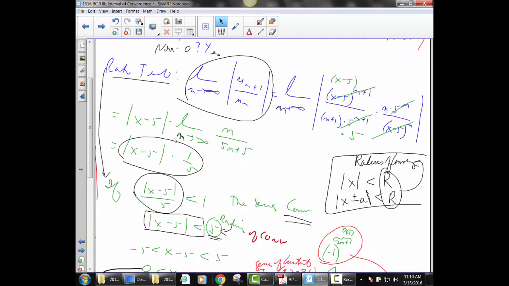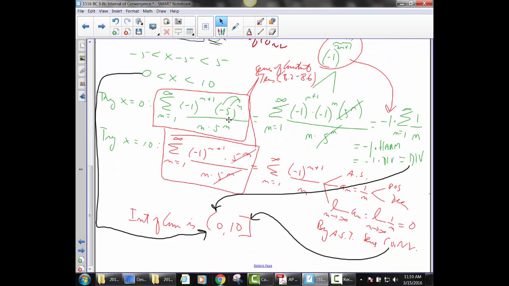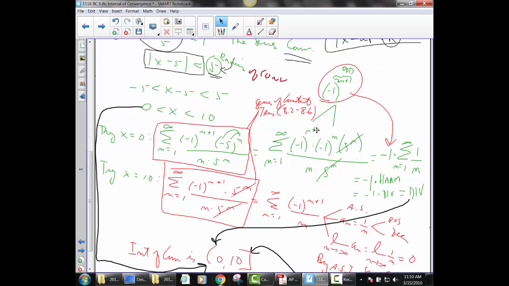We plug in 0 into the original function, so 0 minus 5 is negative 5, which we break up into negative 1 to the n times 5 to the n. That'll cancel with the 5 to the n on the bottom. This is negative 1 to the 2n plus n, which is odd, which means it'll always be negative.